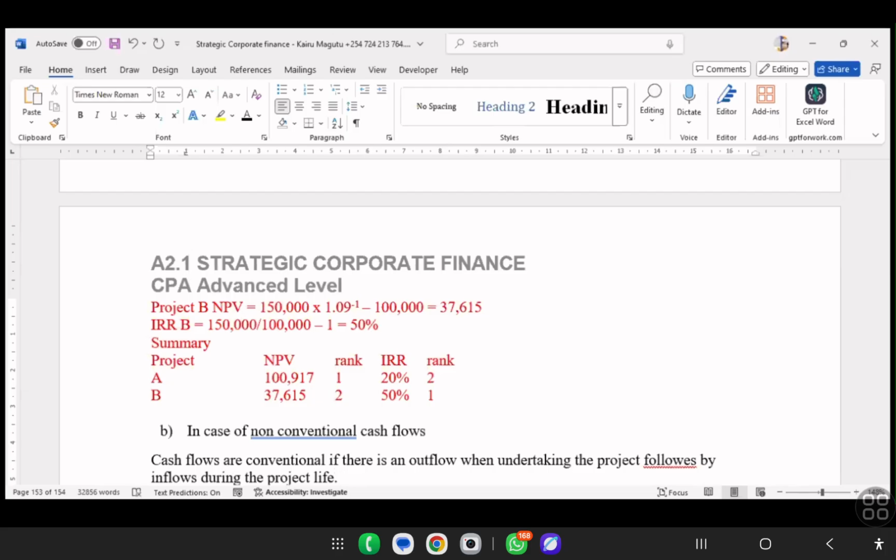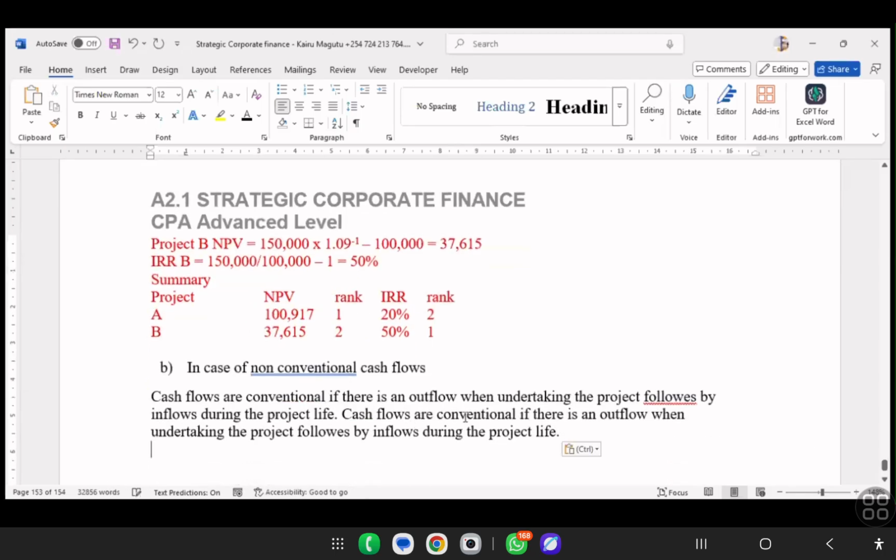For the non-conventional, if I could put it here, cash flows are non-conventional if there is an outflow when undertaking the project, followed by inflow in some years, and outflow.